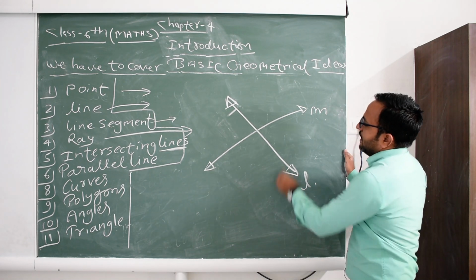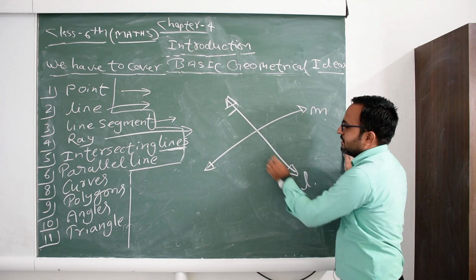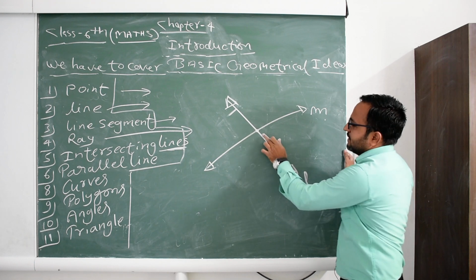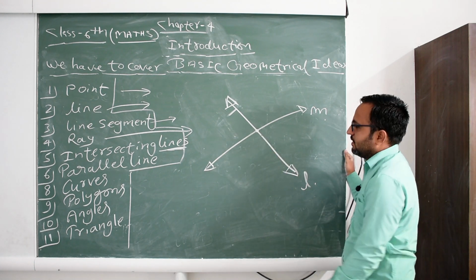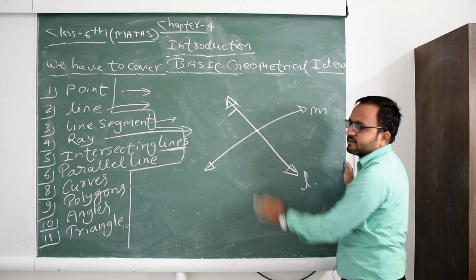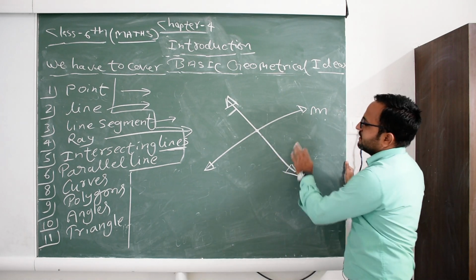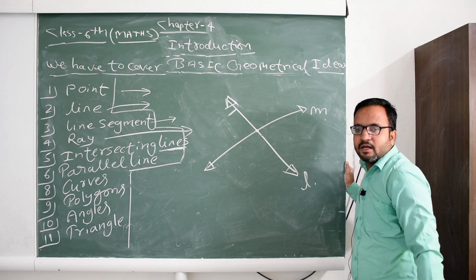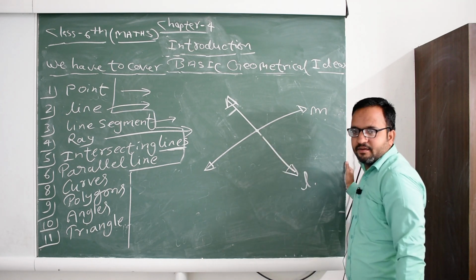And if two lines intersect at one common point, that means two lines connect at a single common point, we call L and M intersecting lines.